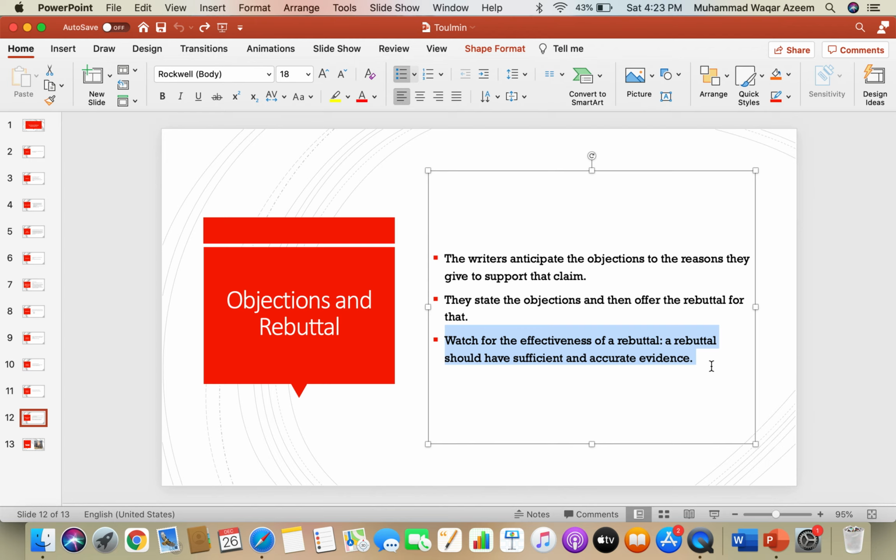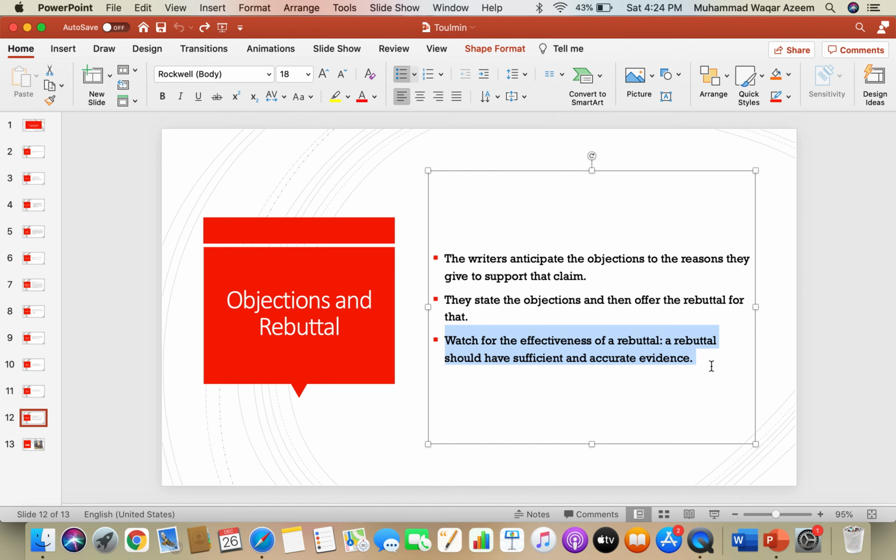So they would state that some readers might see a certain limitation in their argument, and then those writers will provide a response to that question even before that question is raised by the reader themselves. So they will state that probable objection which will be raised by the reader, and then they offer a rebuttal or answer to that objection at the same time.